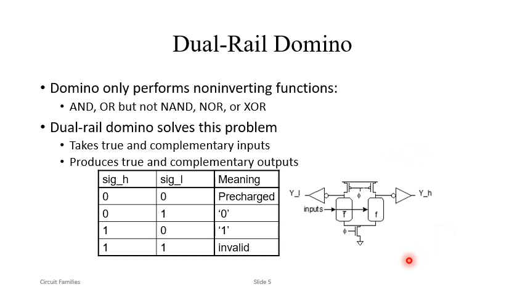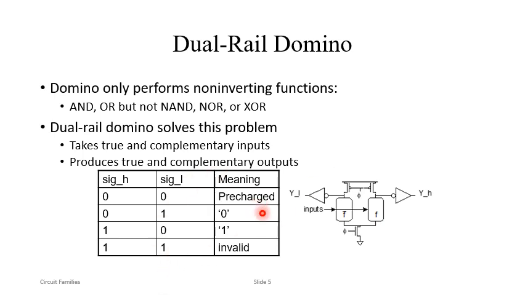The input and output signal pairs are denoted as signal high and signal low respectively. If the output is 1, then H is asserted. If the output is 0, then L is asserted. When the gate is pre-charged, neither H nor L is asserted.